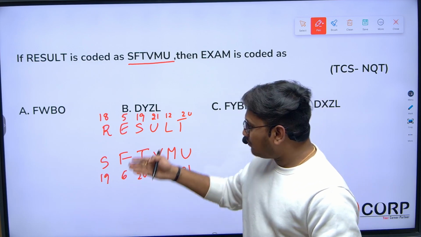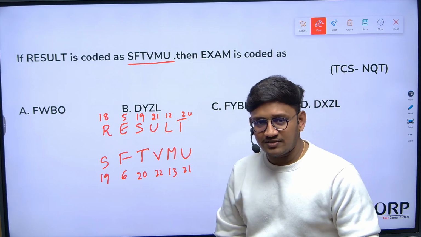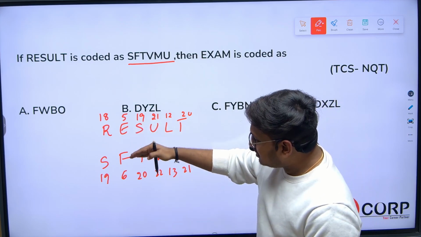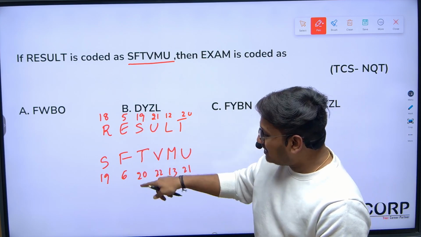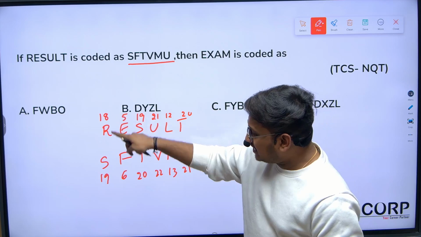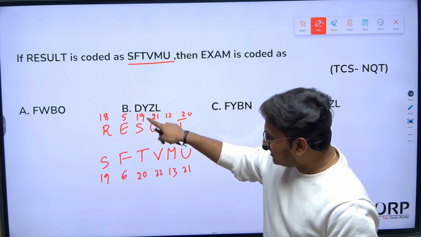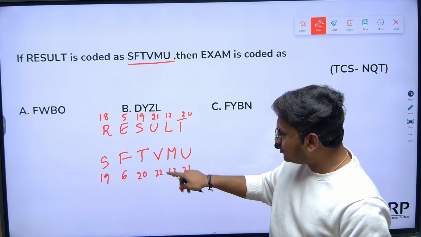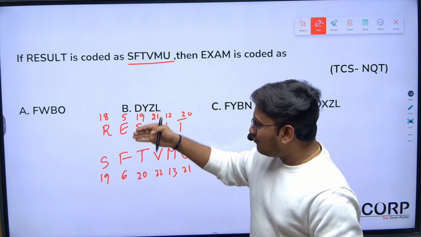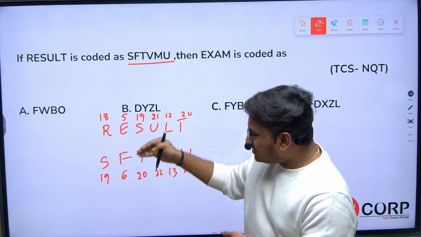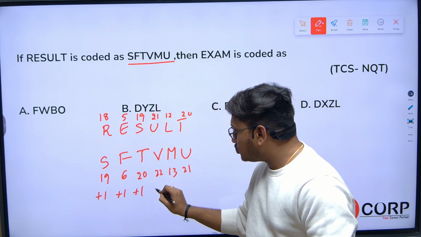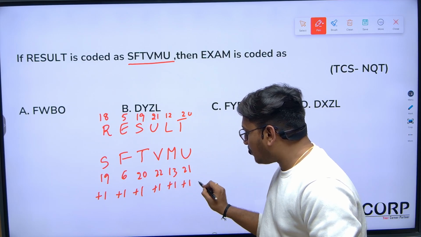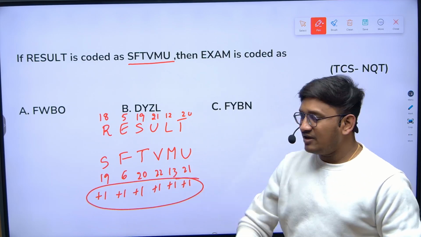If you know the place values of all the alphabets, then instead of seeing the words, if you see the numbers, you will easily understand the pattern: 18, 19, 5, 6, 19, 20, 21, 22. So the logic is, to get the coded word from the original word, you need to add +1 to all the alphabets. So the pattern here is adding +1.